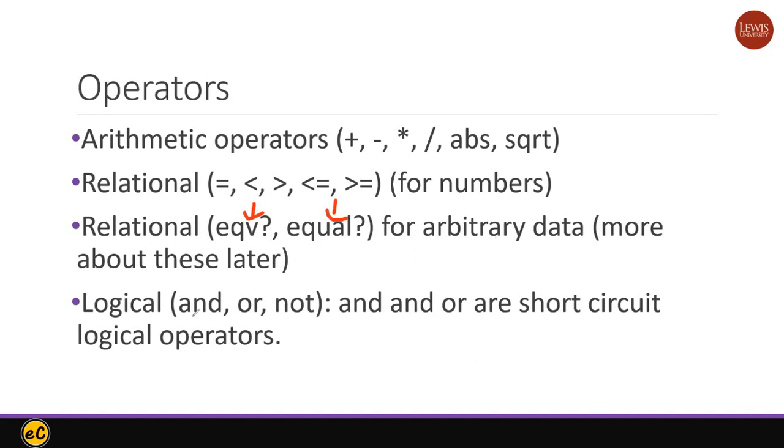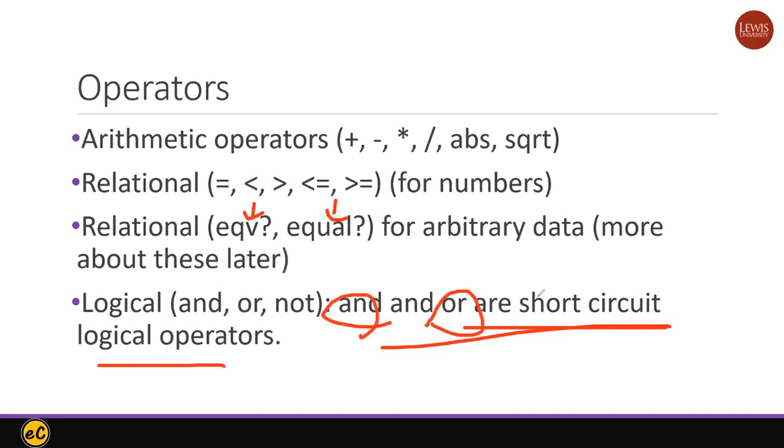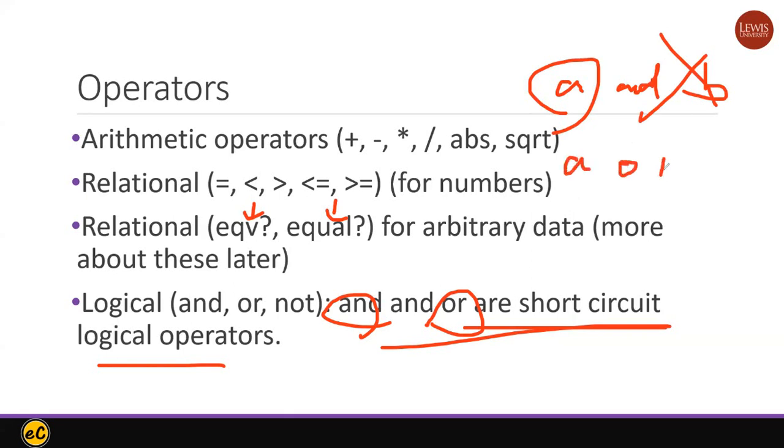And then the logic operators: and, or. And and or are short circuit logic. Short circuit logic means that if A and B, and A is false, B will not be evaluated. If A or B, and A is true, then the rest will not be evaluated. This is called short circuit operators.